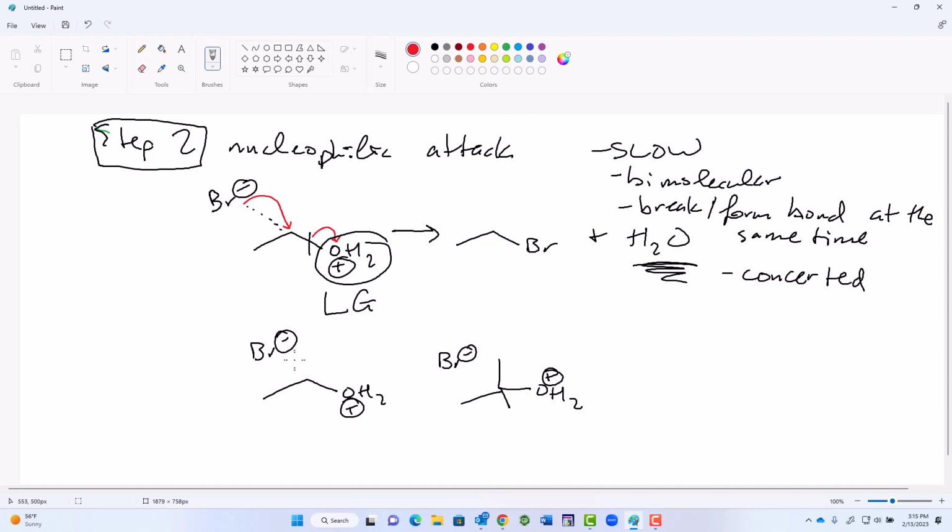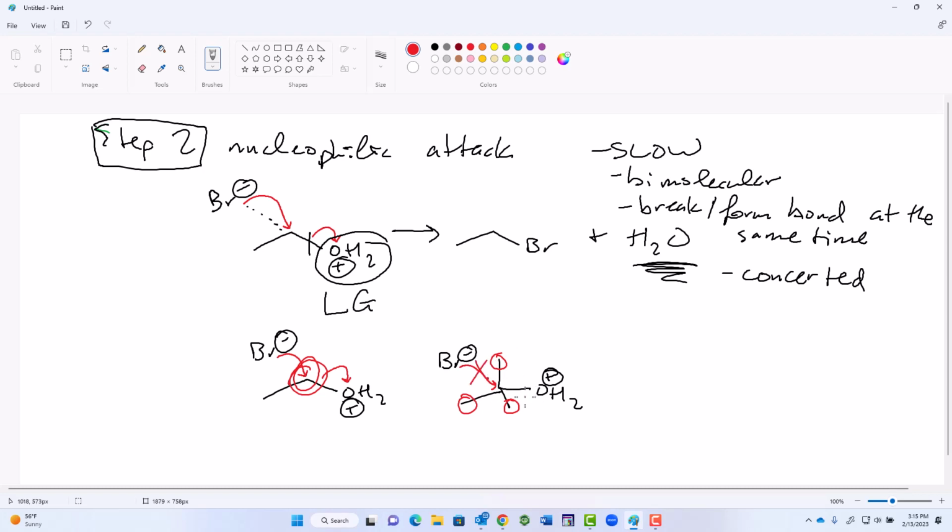If we look at this primary alcohol, we have nothing blocking our way to come in and push out this OH2 plus. However, if we try and come here, we've got 1, 2, 3 carbon groups that are taking up a lot of steric space. We call this steric bulk. This is taking up so much space that this is not going to happen.